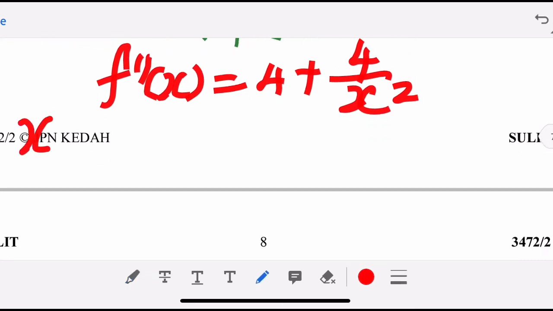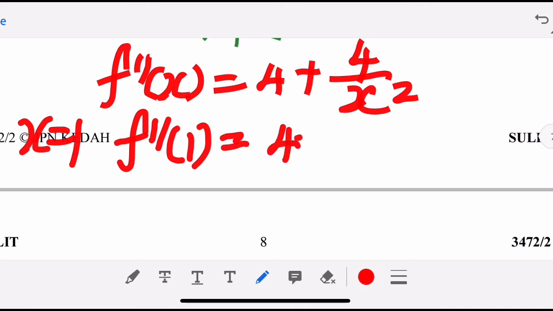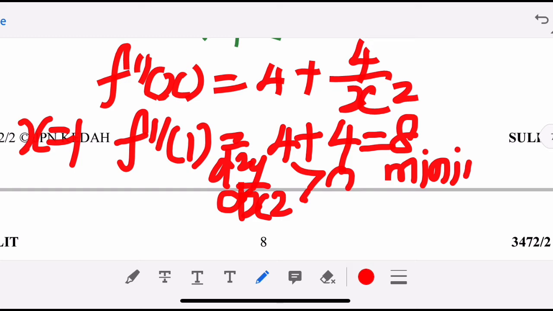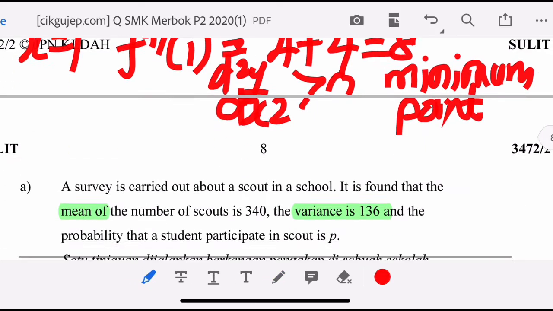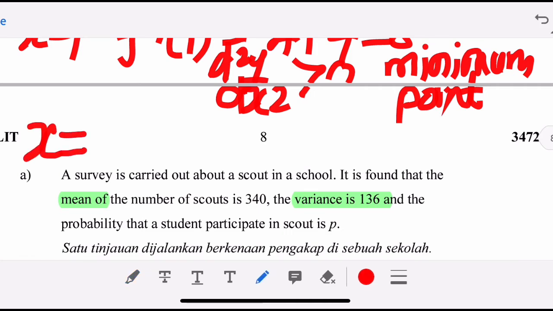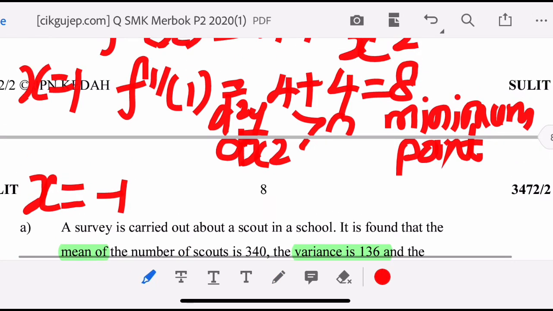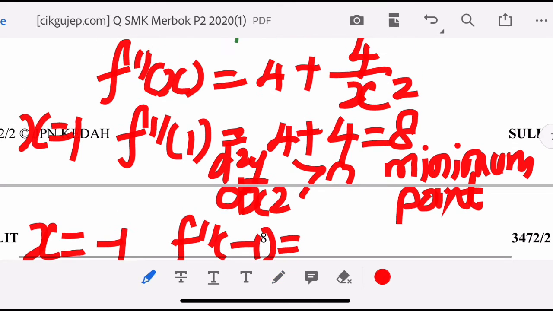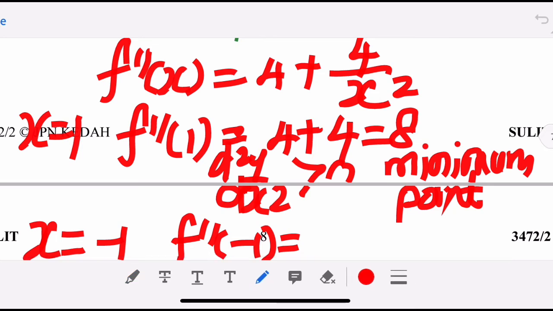So at x equal to 1, f double prime 1, second derivative 4 plus 4 is positive. So if d2y dx squared is more than 0, that means it's a minimum point. So at x equal to 1 is a minimum point, and when x equal to negative 1, d2y dx squared or f double prime negative 1 is actually 4 plus 4 over negative 1 squared.